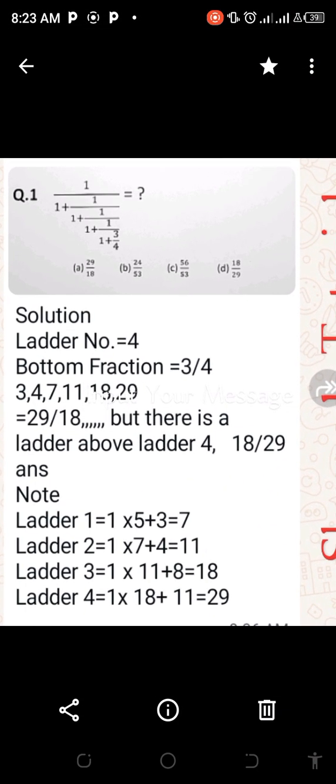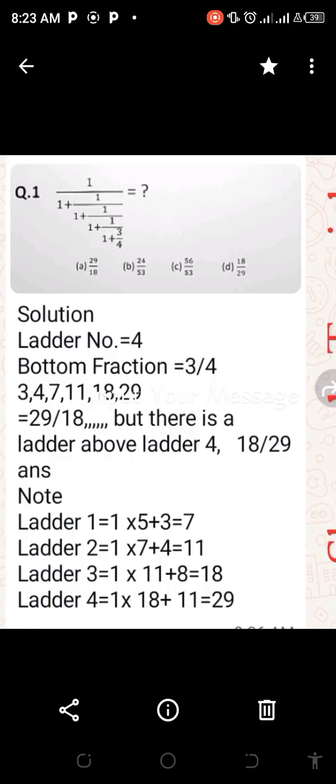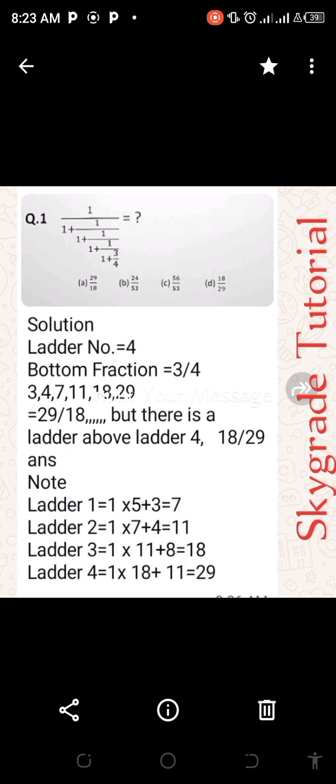Now, how did we arrive at this ladder? Ladder 1, ladder 2, ladder 3, ladder 4. To enable you understand it properly, ladder 1, this is how we find the value. 1 times 5, which is 5. Well, another mistake here, please.